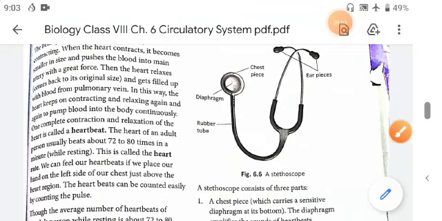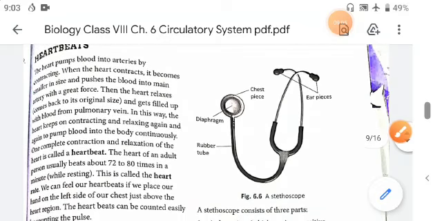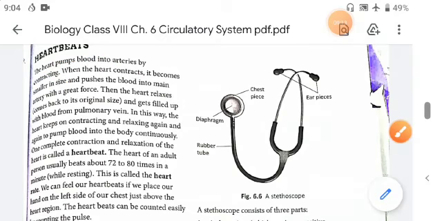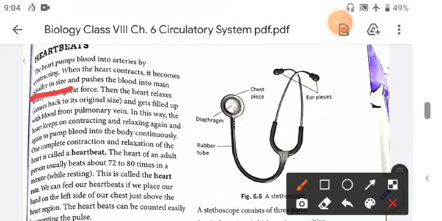The heart pumps the blood into arteries by contraction, and when the heart contracts, it becomes smaller in size, and when it becomes smaller in size, the blood which is inside the heart will go outside. Now it gets filled up with blood from the pulmonary vein when it relaxes.